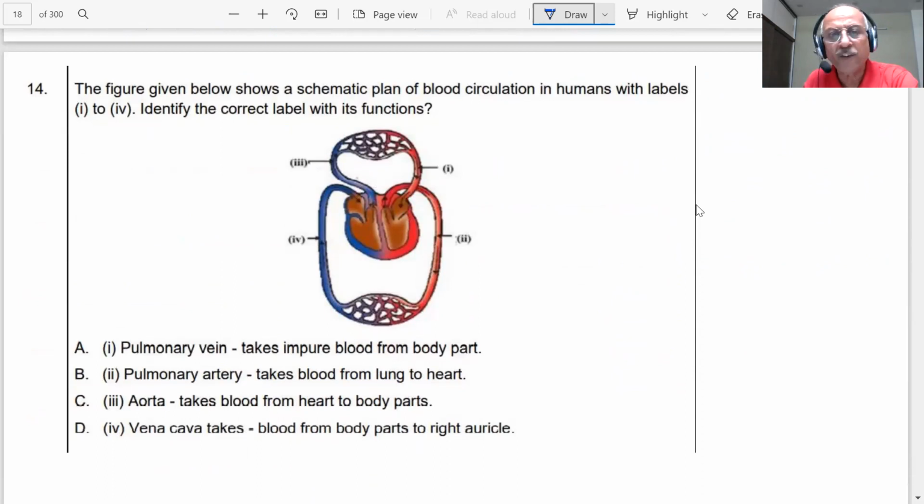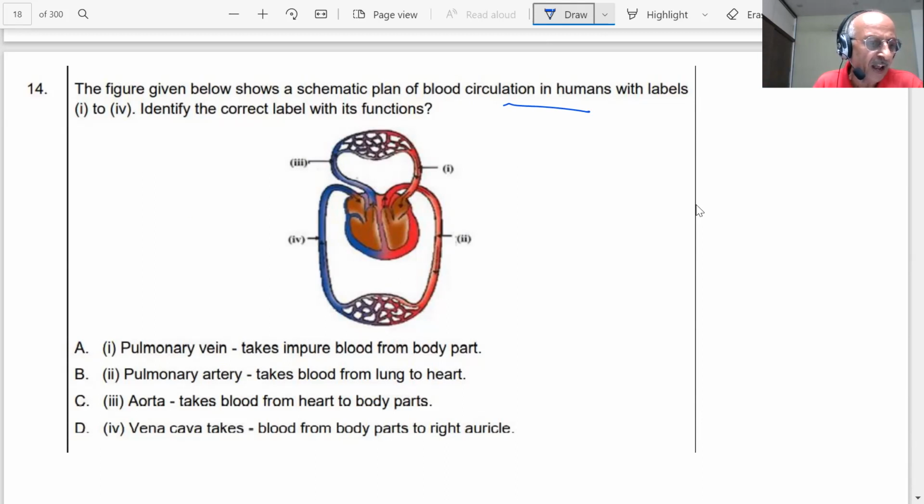Next question is on the screen, student. The figure shows a schematic plan of blood circulation in humans, labelled 1 to 4. As you can see, 1, 2, 3, 4. And here, students, what you already know, what is a pulmonary vein, student?